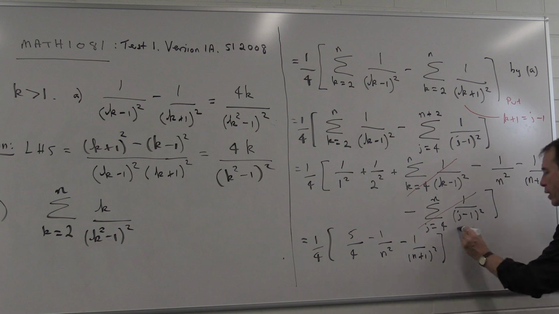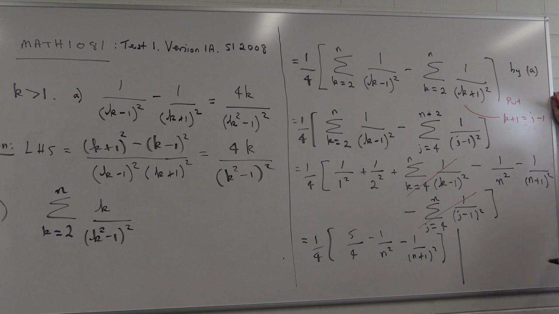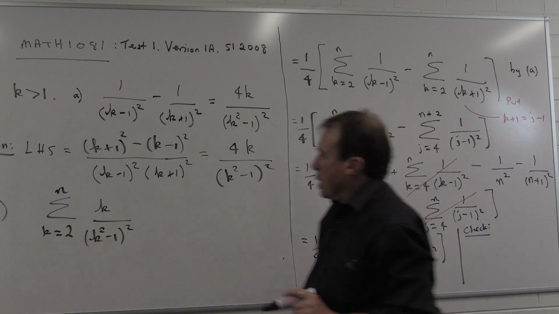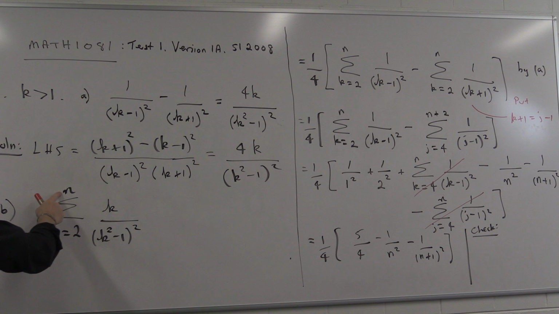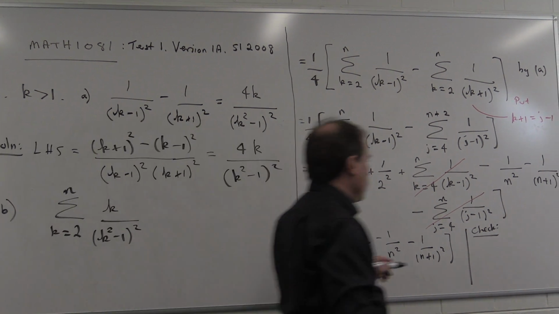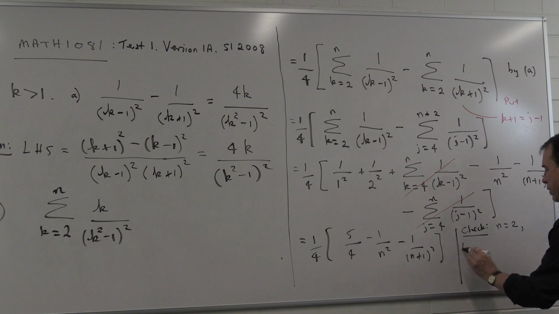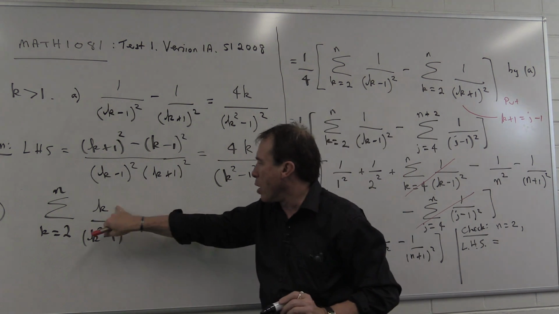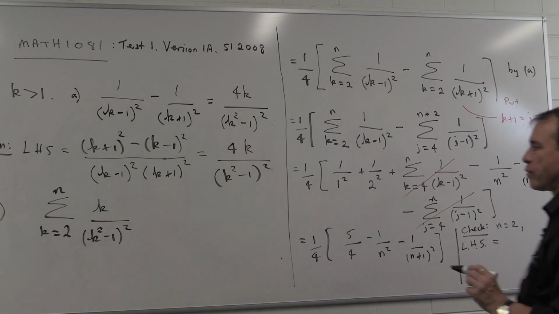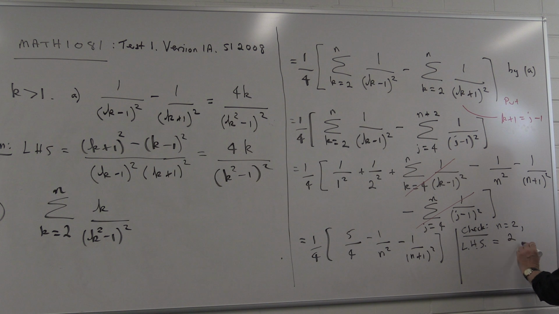But what we should do at the end, on a scrap piece of paper or somewhere, is just to check that the answer is reasonable without having to go through and double check all the calculations. And one easy way of doing that is to say, well, this sum goes from k from 2 up to n. Well, what if I put n equal to 2? Then the left-hand side, if I put 2 in here, I would get 2 over 2 squared's 4 minus 1, so I get 2 over 9.